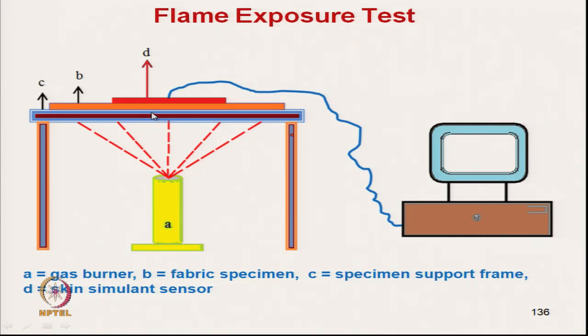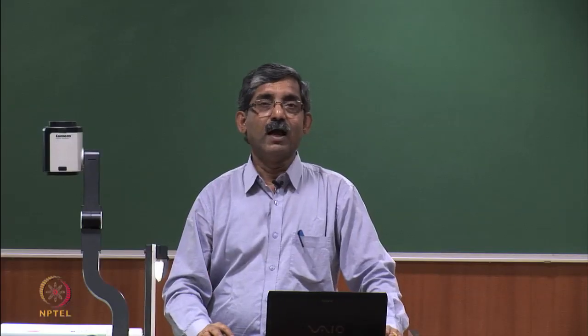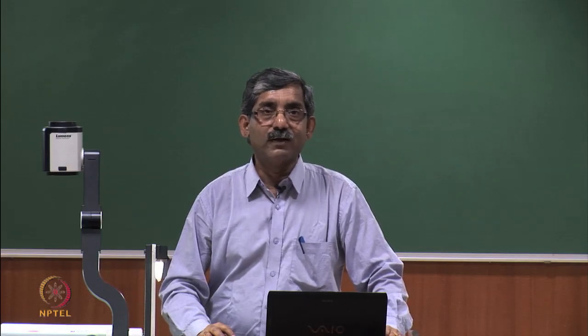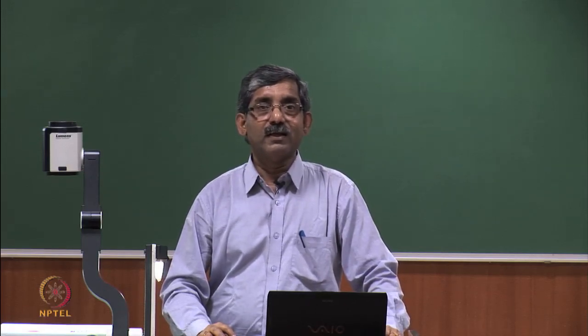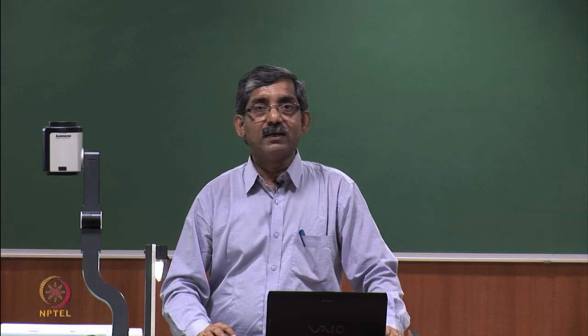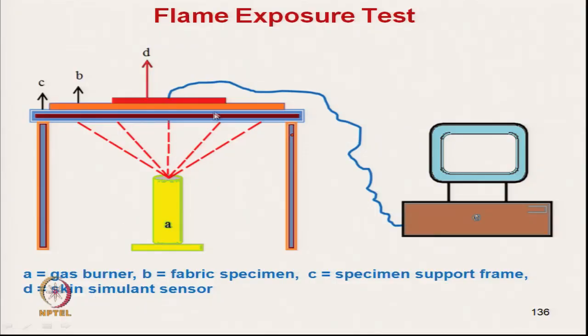The fabric is exposed to the flame from the bottom and is placed in horizontal condition, and on the other side of the fabric there is the skin simulant sensor.